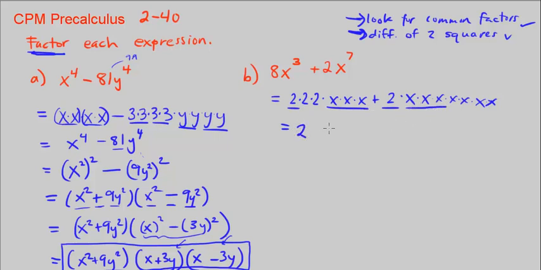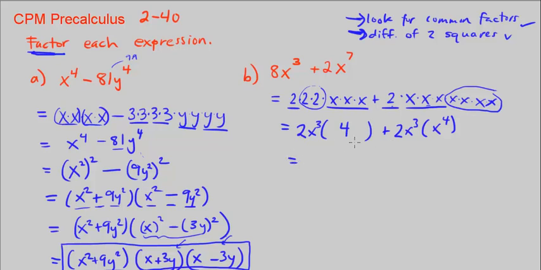So we can take the 2 out and 3 x's. Let's just say x cubed, right? And what are we left with here? We're going to be left with just 2 times 2, which is 4. Plus, if we took a 2 out and 3 x's here, what are we left with? We're just left with 4 x's, x to the 4th, right?